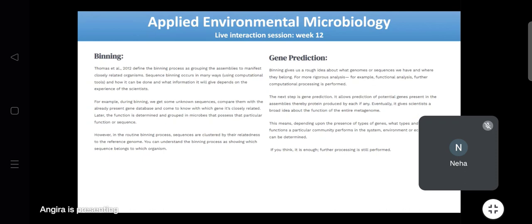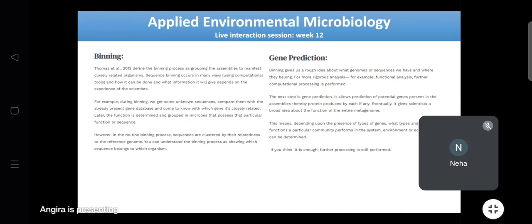Now, for more rigorous analysis, for example functional analysis, further computational processing needs to be performed. And this is the next step that comes into play, that is gene prediction. It allows prediction of the potential genes present in the assemblies, and therefore the proteins produced by such assemblies.